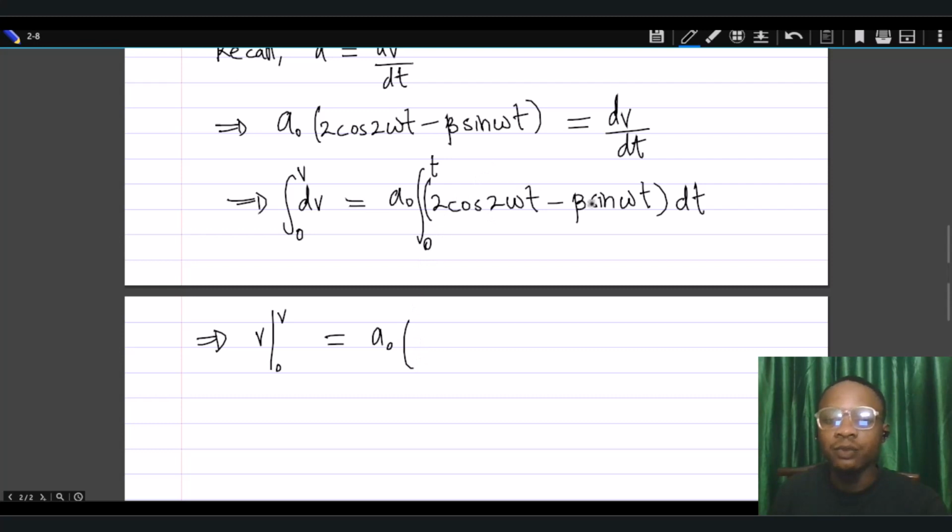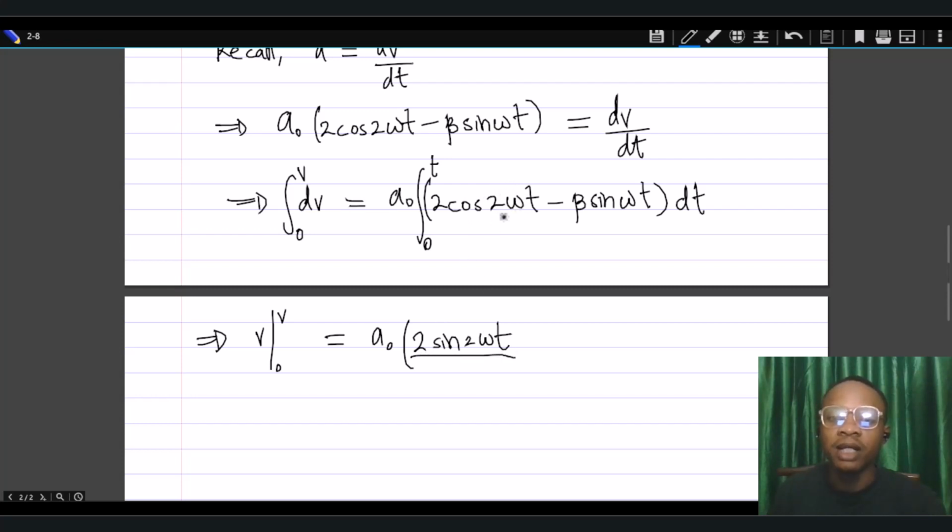We're integrating with respect to t, so 2 is a constant. The integral of cos 2 omega t, of course, gives us sine. So we'll have this to be 2 sine 2 omega t. Then we know that this is not just cos t, this is cos 2 omega t. So we have to divide by the derivative of this to complete this integration.